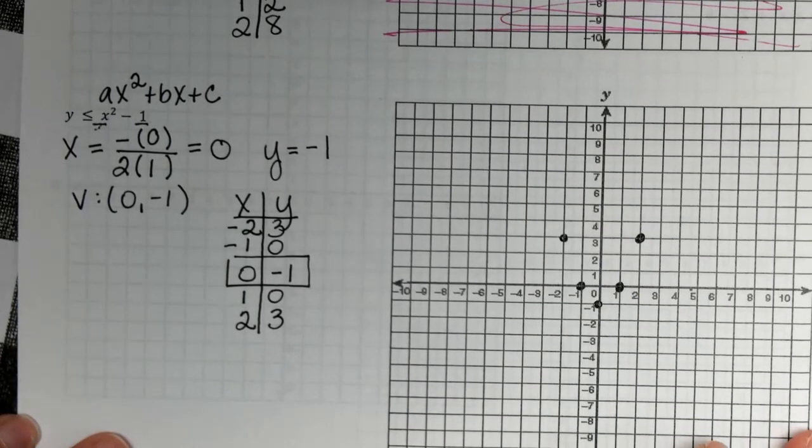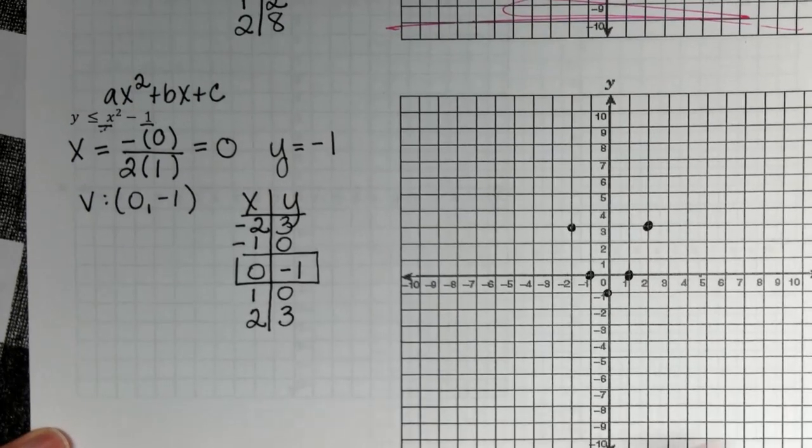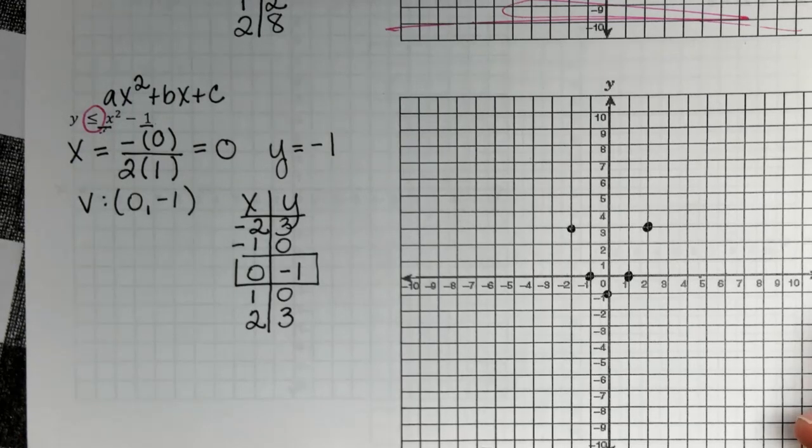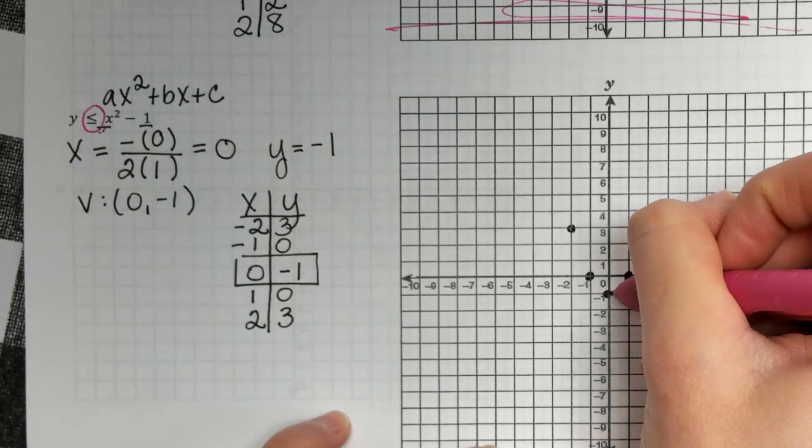Once you plot those points, you need to look at your inequality. It's less than or equal to. This time it's equal to, so that makes my parabola have a solid line.